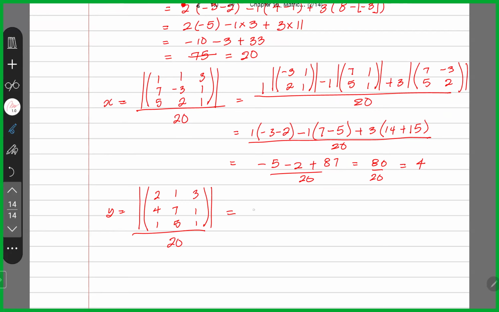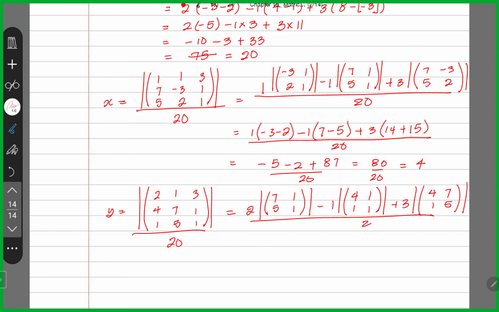So this becomes equal to 2 times the determinant of 7, 5, 1, 1, minus 1 times the determinant of 4, 1, 1, 1, plus 3 times the determinant of 4, 1, 7, 5, all over 20.